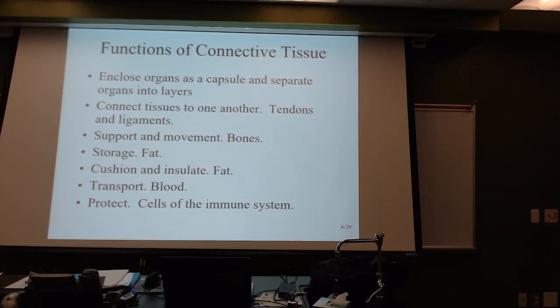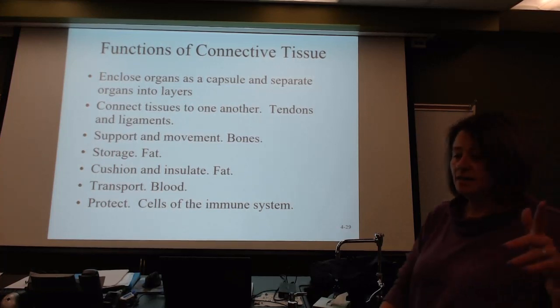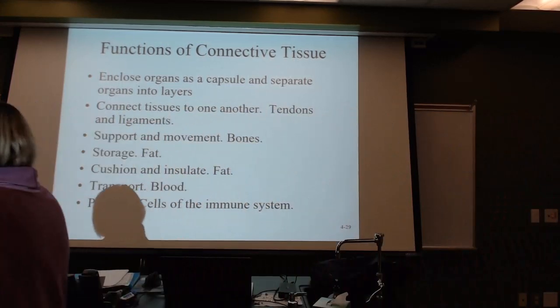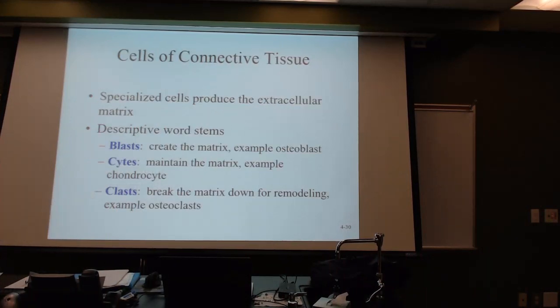The fat cells, the adipose. They help to cushion and insulate. Very good for us, the fat cells. They help for transport, which would be the blood, and protection, which you guys will see in part 2 as being part of the immune system.